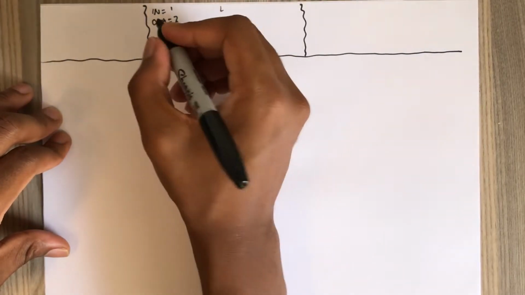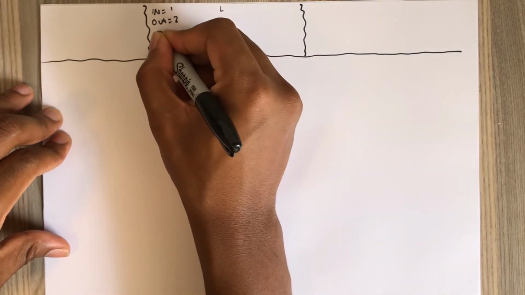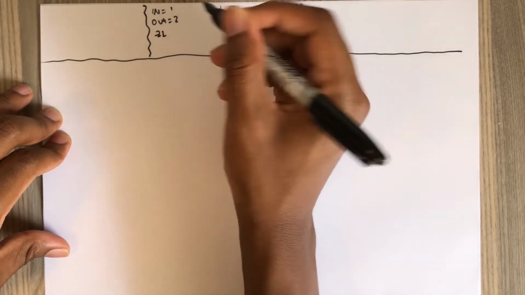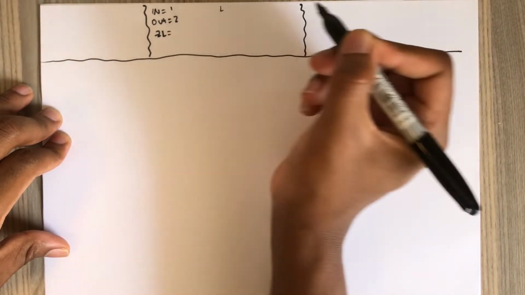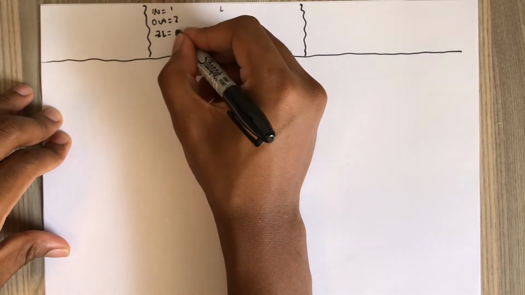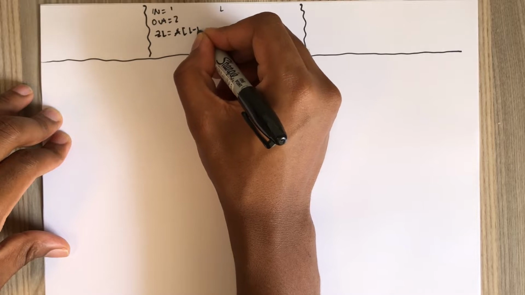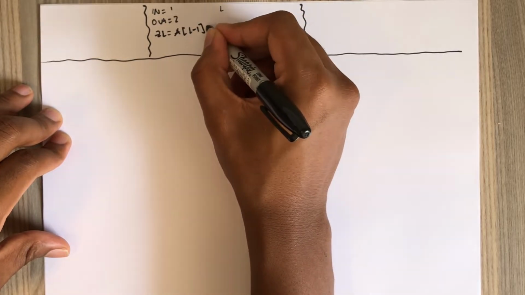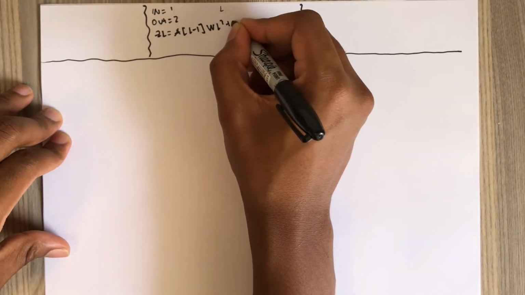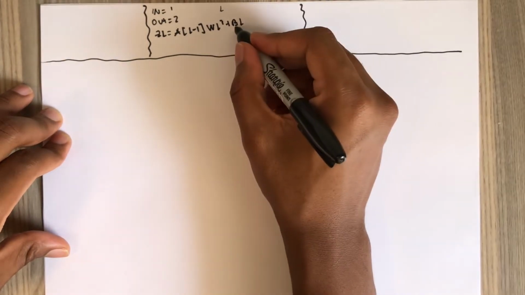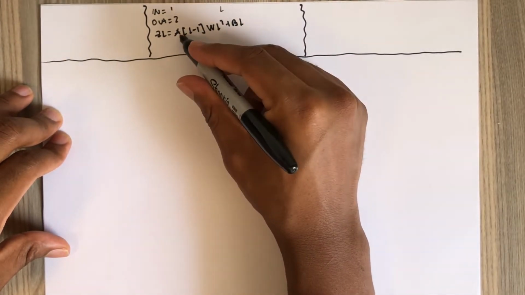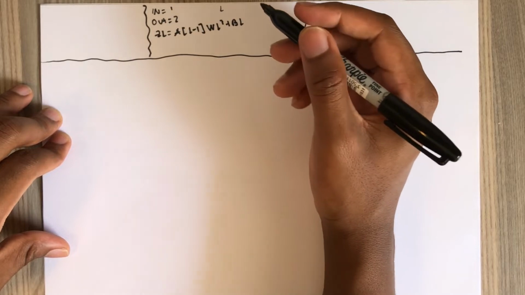So in each layer you calculate ZL, and ZL is calculated using this formula: A(L-1) WL transpose plus BL. This is the bias, weight, and also the activations from the previous layer.